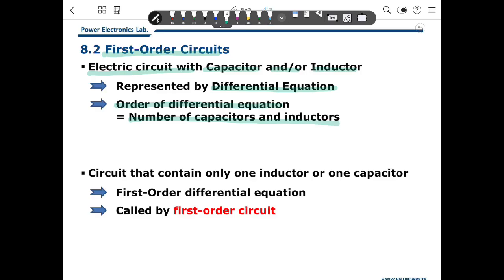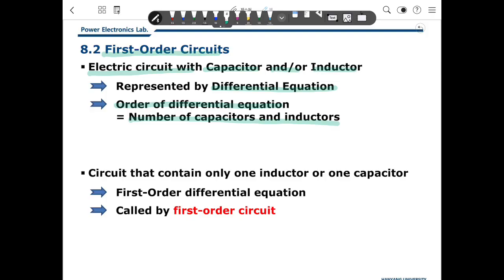If the circuit has only one capacitor, then the differential equation representing the electric circuit is a first order differential equation. When the circuit has one capacitor and one inductor, then the voltage or current in the electric circuit can be represented by a second order differential equation. Why? The circuit has two energy storage elements, one capacitor and one inductor.